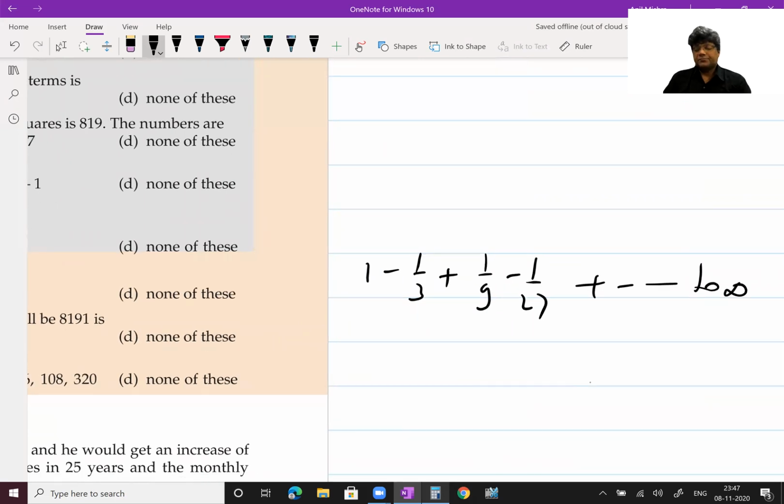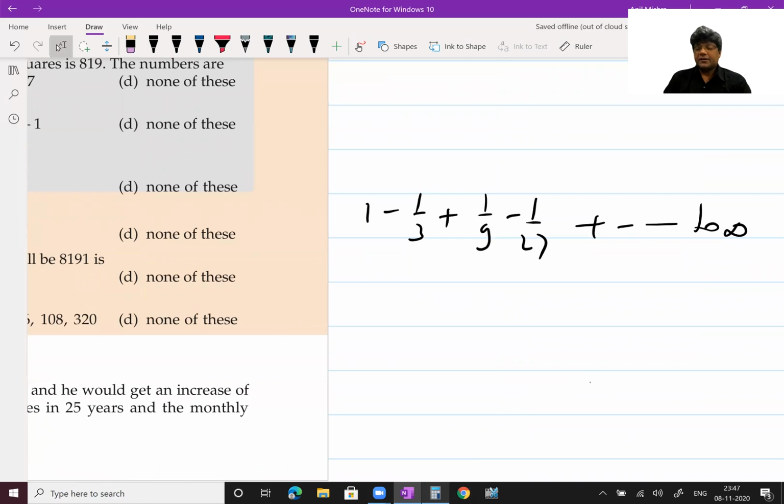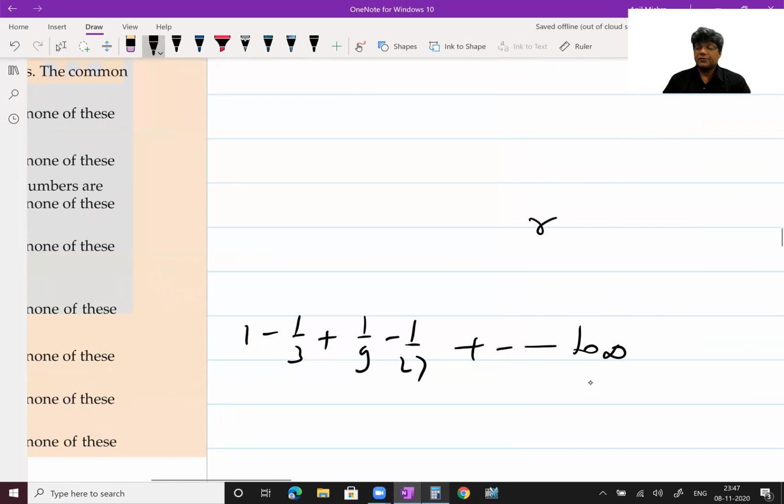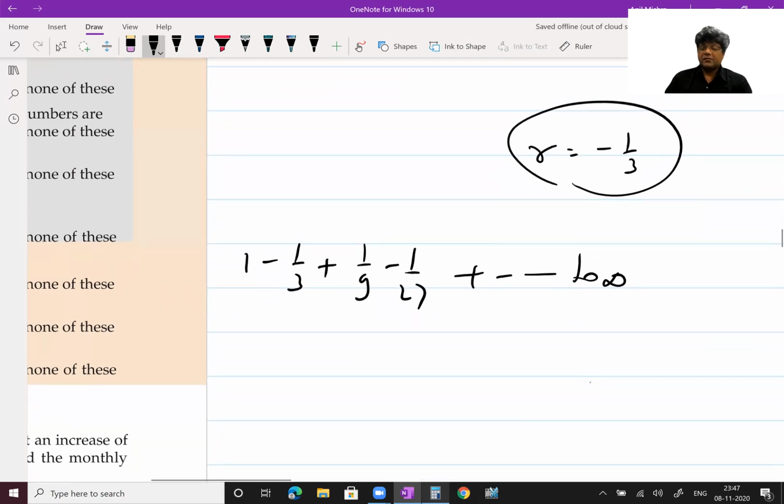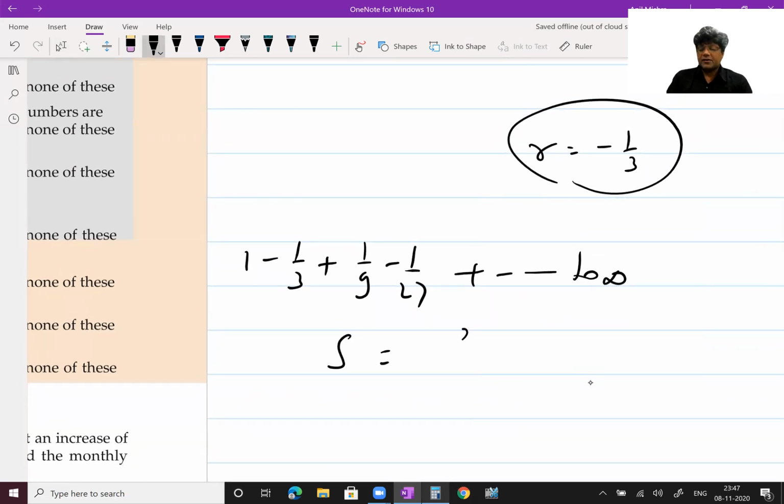Obviously, it's a GP and infinite. Also, here your common ratio is minus 1 by 3. Either you divide second term by first term or third by second or fourth by third. Your common ratio is coming minus 1 by 3, which is lying in between minus 1 to plus 1. That means you can apply the sum of infinite GP formula. And what is that? A by 1 minus R.